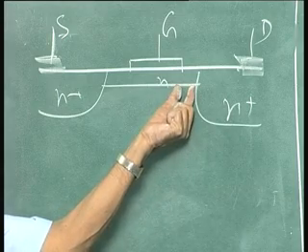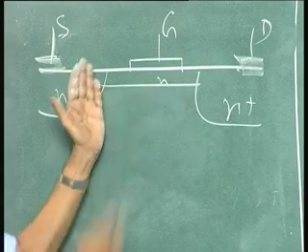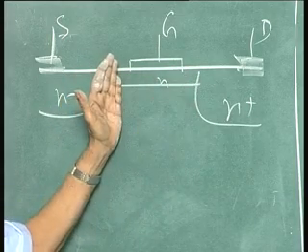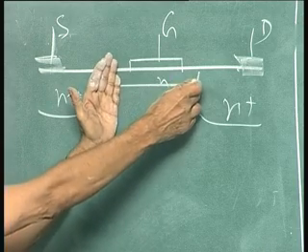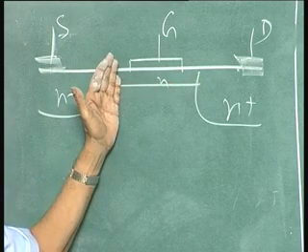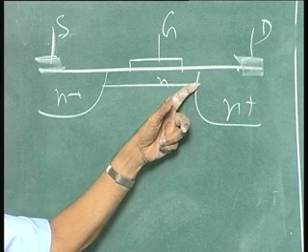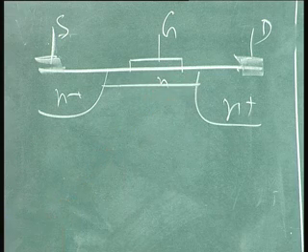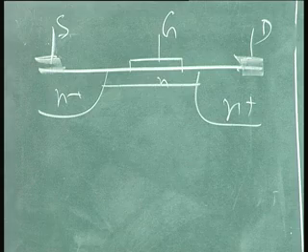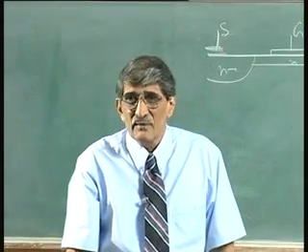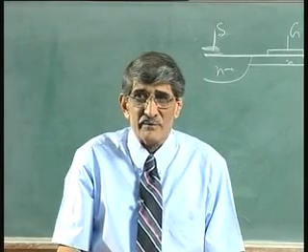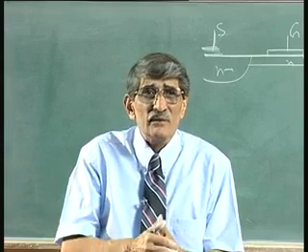If you reduce this width for the same channel length, it is closer. So, when I apply voltage here, the field in this direction is more. When the gap between the gate and the n plus region is reduced, the two dimensional effects become much more. As a result, you have N g more, you have the threshold voltage more negative, all sorts of effects are there. How do you overcome that?